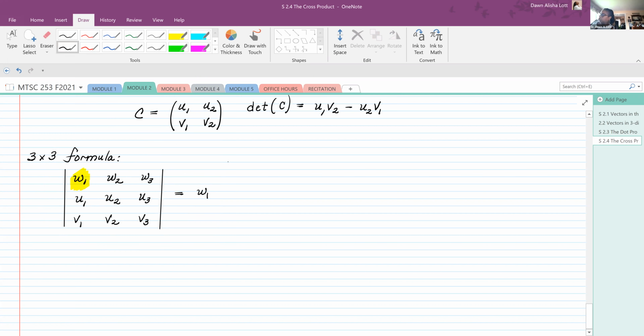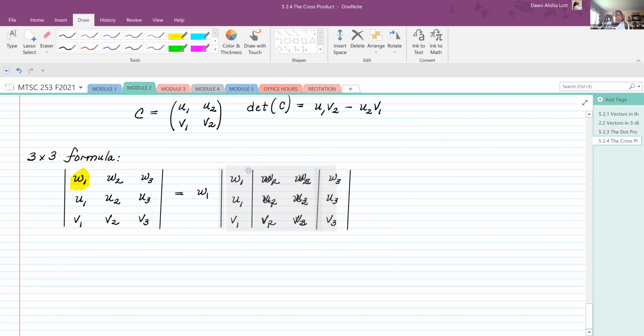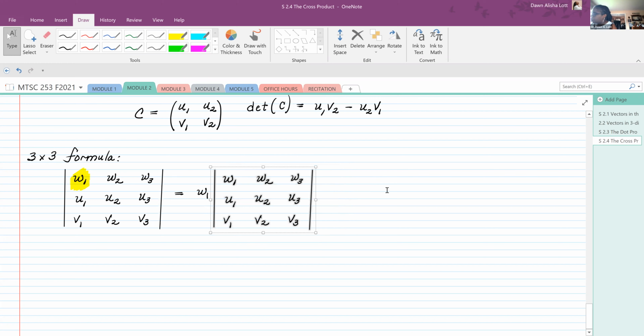And then I am going to cross off the first row that contains W1 and the first column that contains W1.